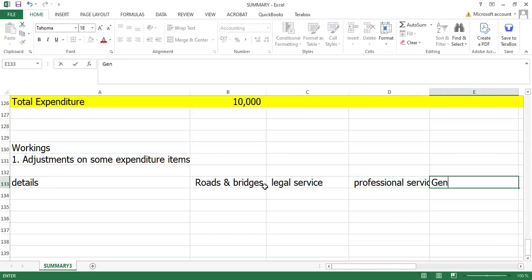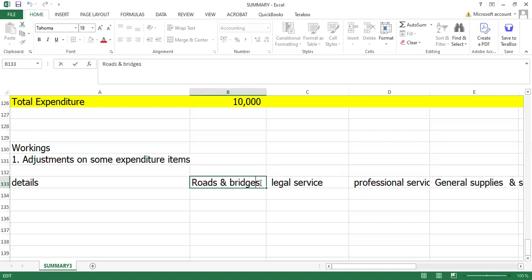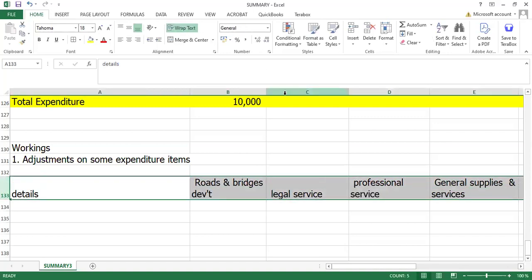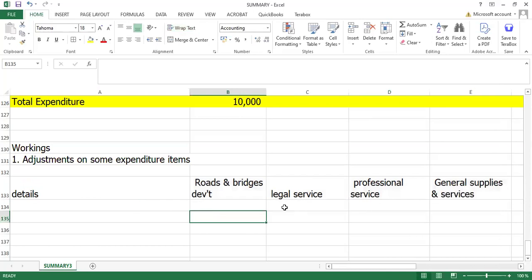Then we have the general supplies and services. This is roads and bridges development. Okay, so you can have that.